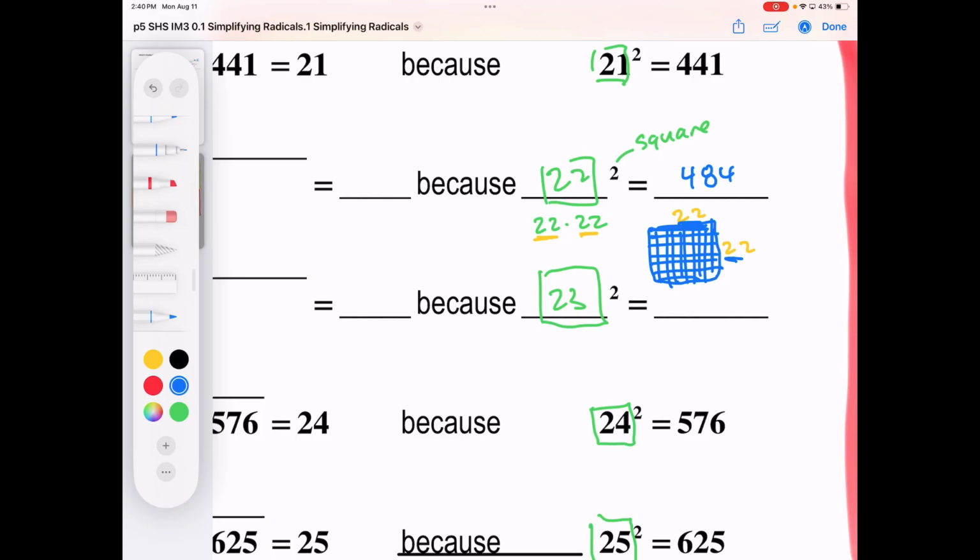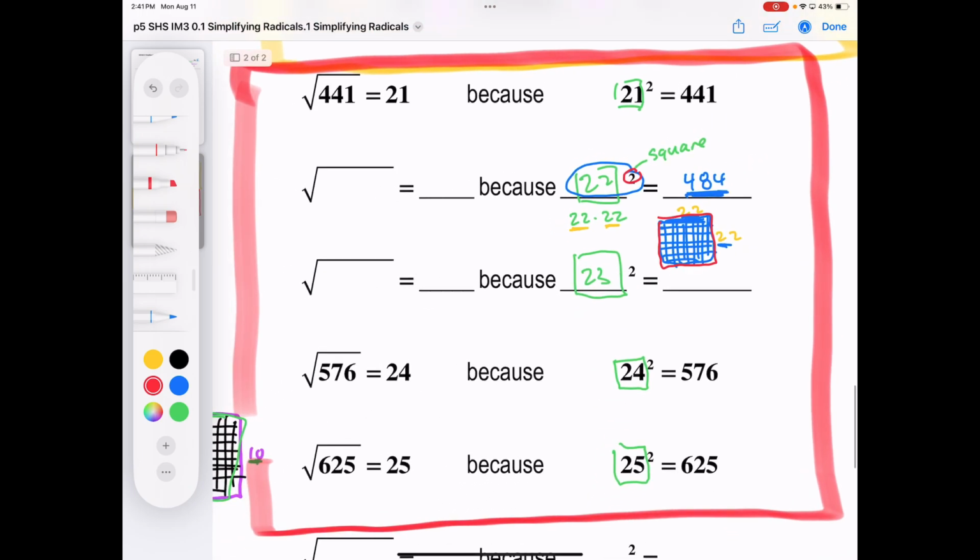Are you following? So 22 times 22 is 484, or we call this what? 22 what? We made a square. Oh, that's why they call it a square. Okay. So to complete this line, that means 400 square root of 484. Class, we said that there was a number up here. What's the number? It's a 2.